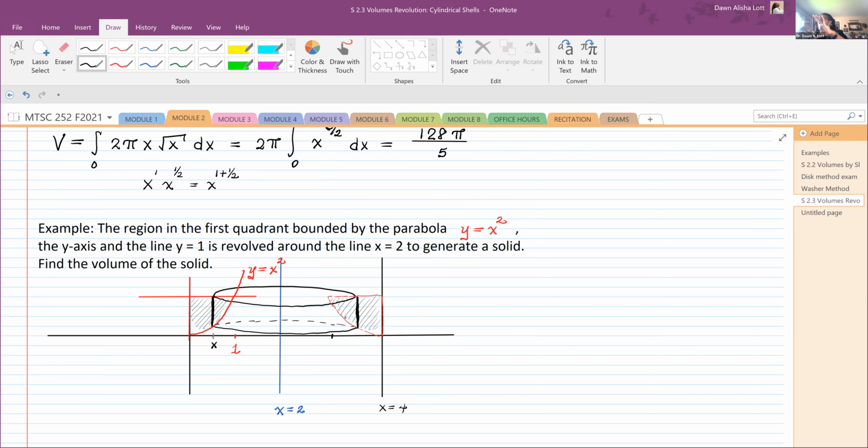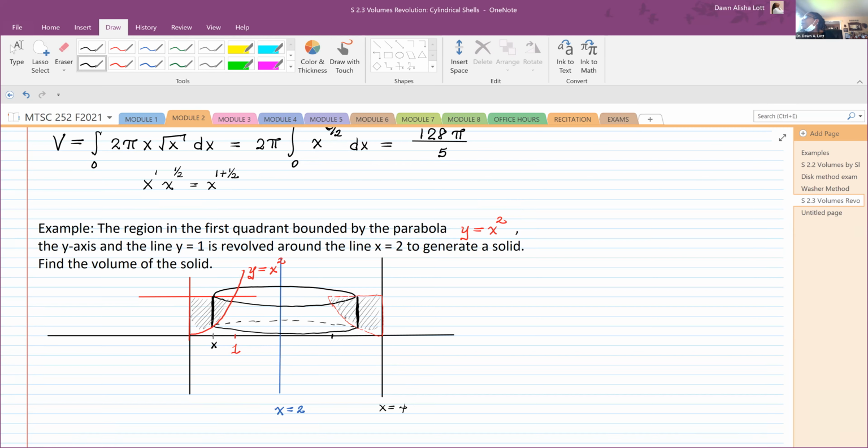And that black line is trapped between x squared and y is 1 right now. And when I rotate it around, it maps out the sides of a soda can. So that's where you see that.